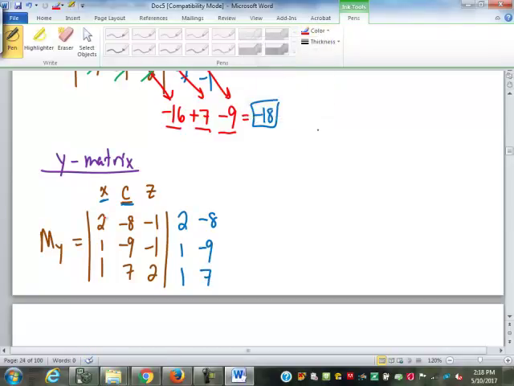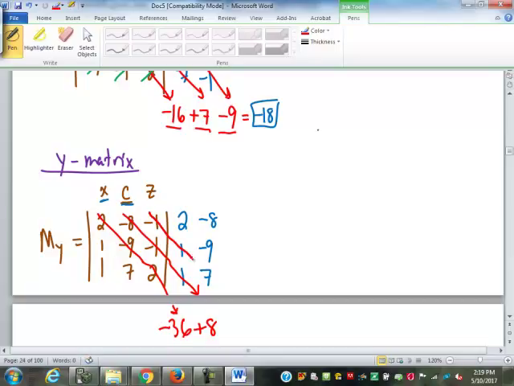Let's do our down diagonals. 2 times negative 9 is negative 18. And negative 18 times 2? Negative 36. Good. Negative 8 times negative 1? Positive 8. And positive 8 times 1? Positive 8. Good. And the last one, negative 1 times 1?